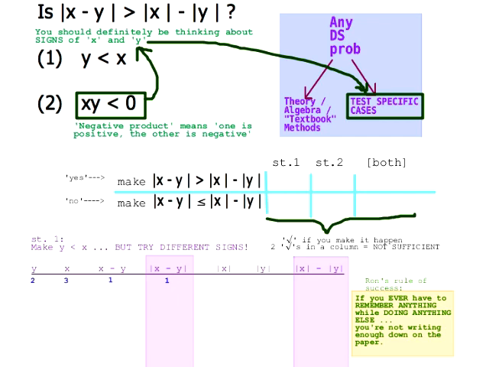The absolute value of x is 3, and the absolute value of y is 2, and the difference is 1. So that is not greater than that. See? That's how easy it is, right?